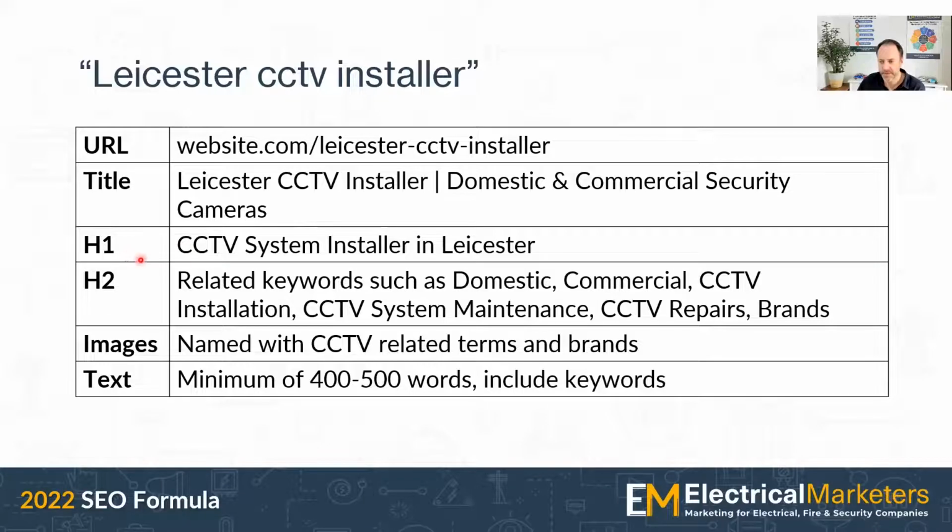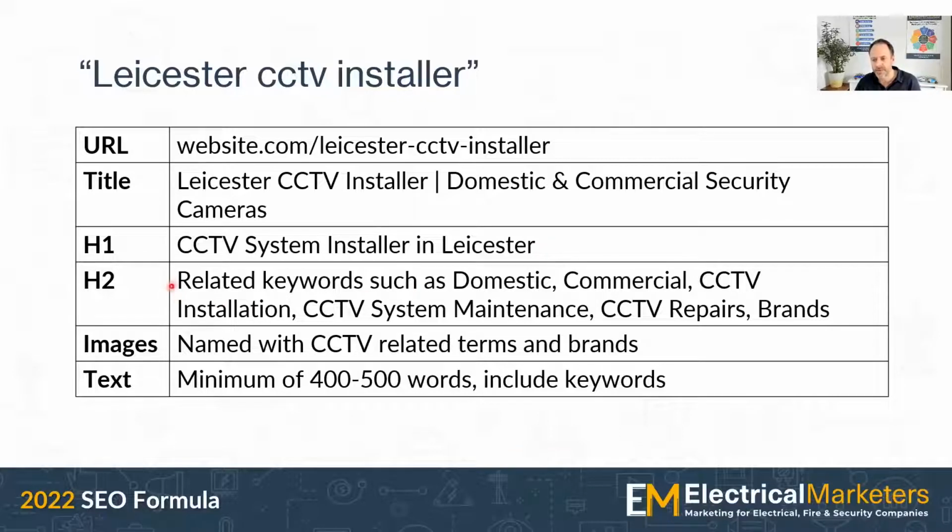Then on the page itself, we've got our H1 heading, our most important heading, and we're going to call that CCTV system installer in Leicester. If it was a CCTV page not focused on the location, we wouldn't have that part in there. We'd just stick with these words, but because it's all about ranking in Leicester, we're going to have Leicester in that heading.